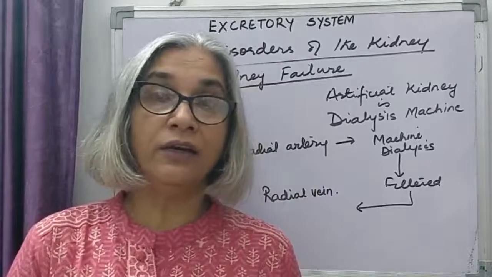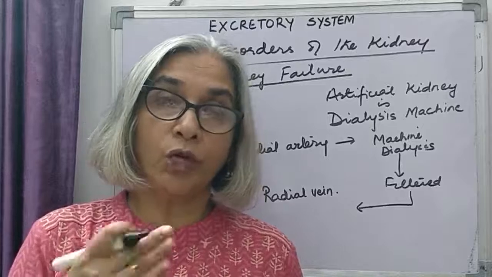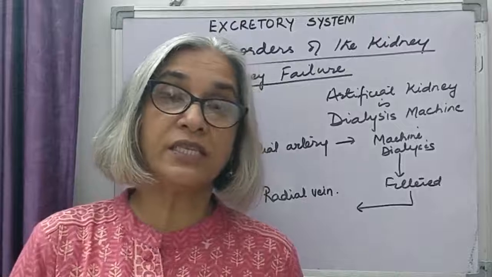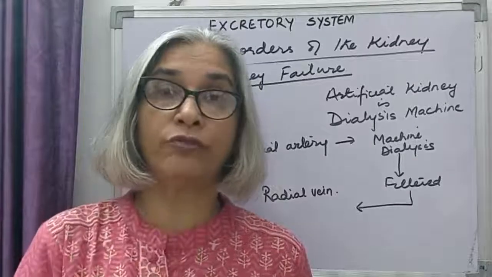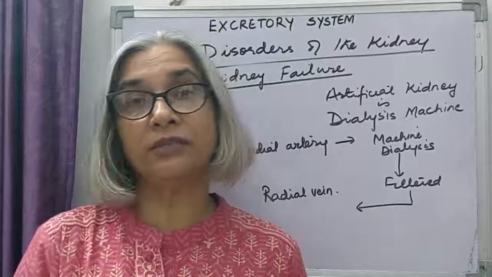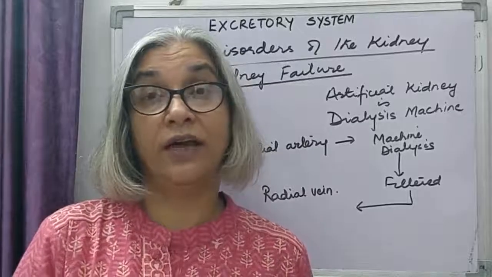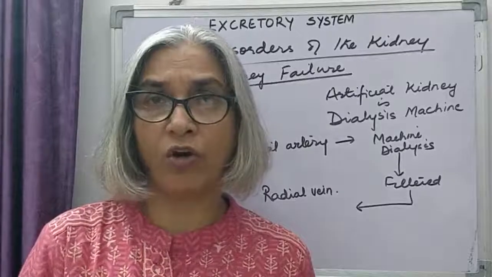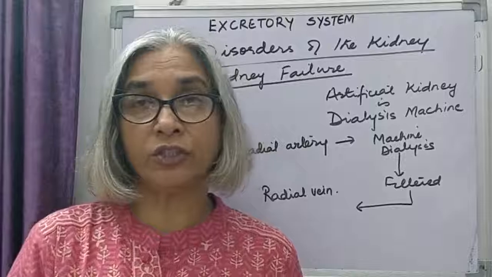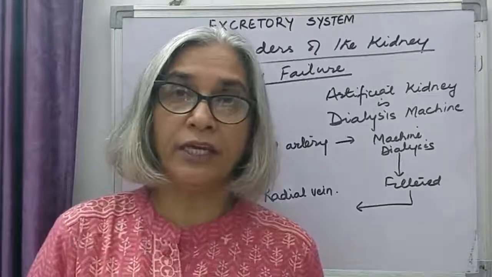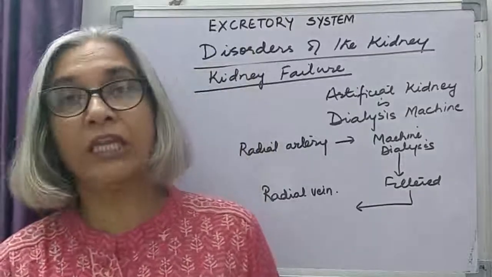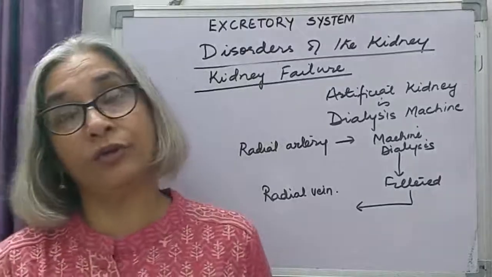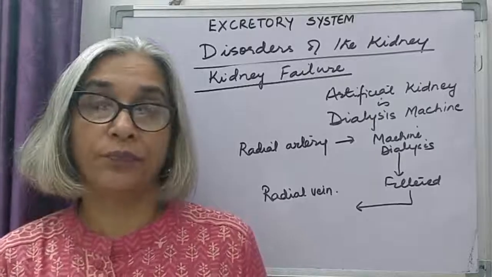Another thing here is that the volume of urine produced keeps changing. There are certain substances which induce urine formation, called diuretics. Diuretics are substances like beverages, tea, coffee, alcohol, which stimulate more production of urine. So diet, weather, and intake of beverages all help in regulation of urine output.